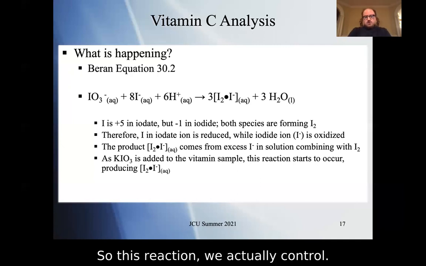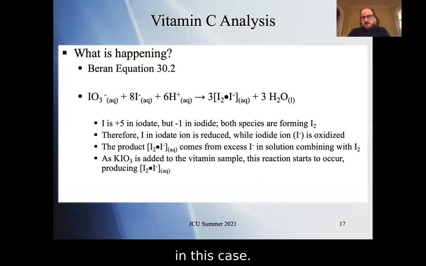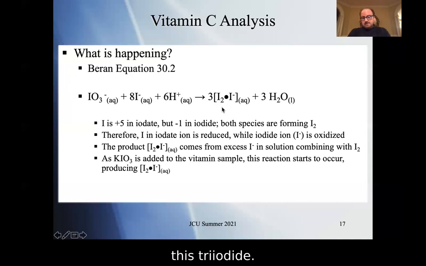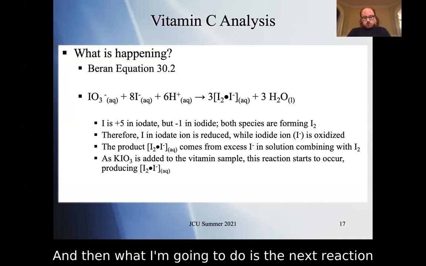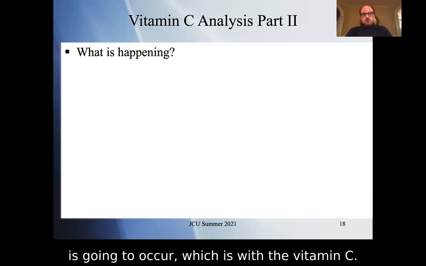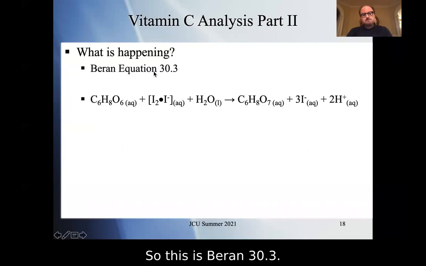So this reaction we actually control because the user is the one who's going to dispense in the actual titrant or primary standard in this case. Now, as we do that, this product is going to form, this triiodide. And then the next reaction is going to occur, which is with the vitamin C. So this is Barron 30.3.